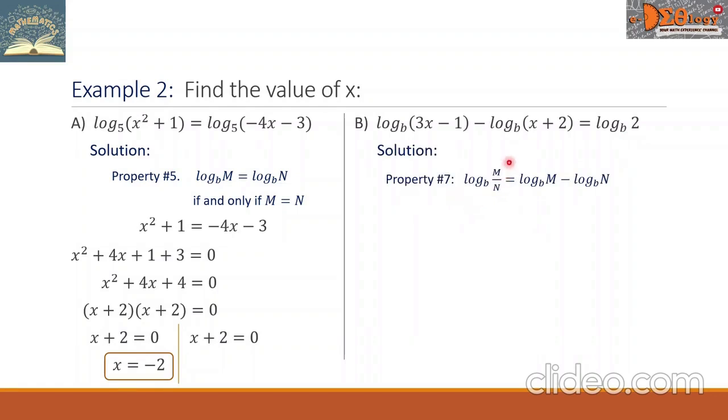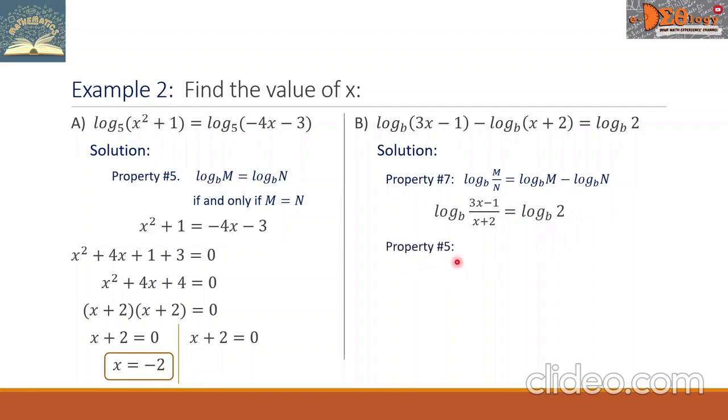This is the log of a quotient m over n to the base b is equal to the log of m base b minus the log of n base b. In this case, the left side we can do quotient. So we can rewrite this as the log of 3x minus 1 over x plus 2 to the base b is equal to the log of 2 base b.